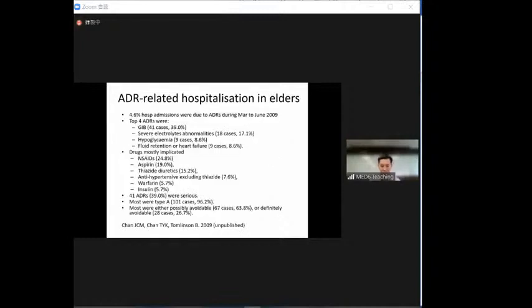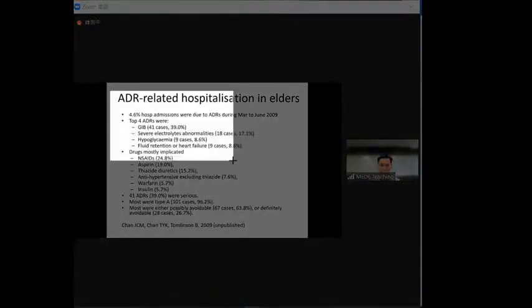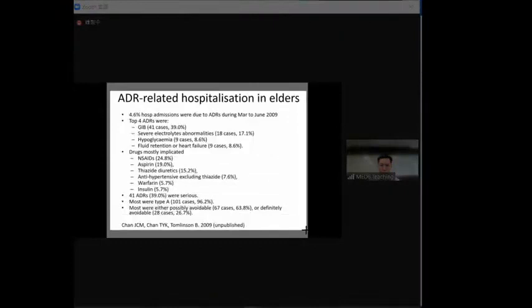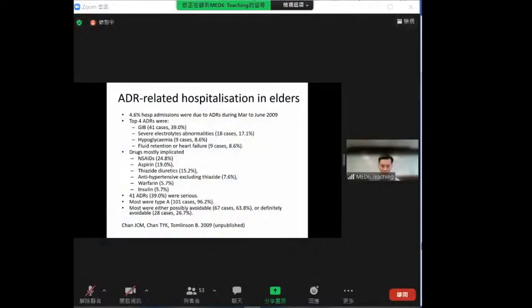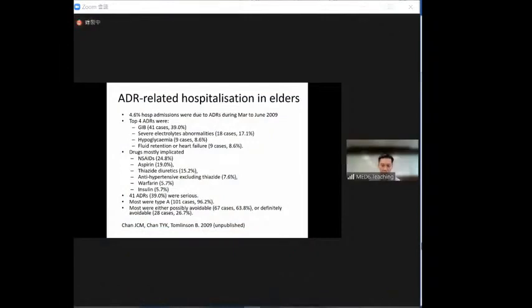So we have performed some drug surveys in the acute medical ward, concerning the older people who were admitted to the hospital, presumably because of adverse drug reactions.